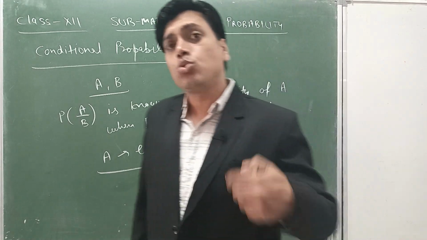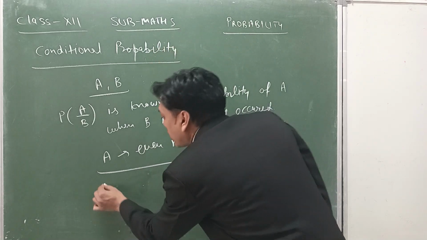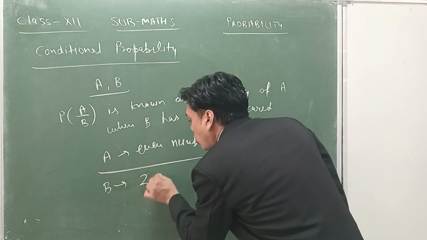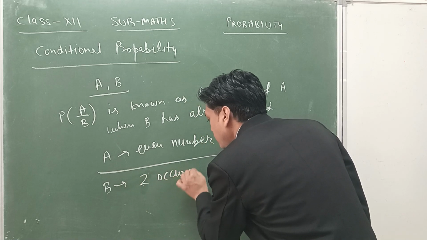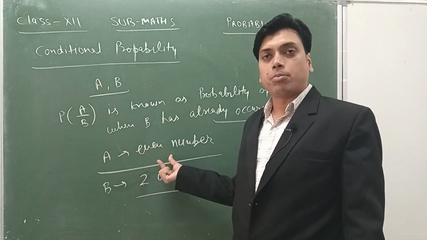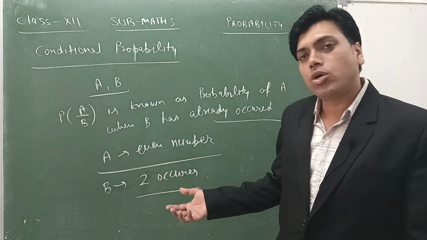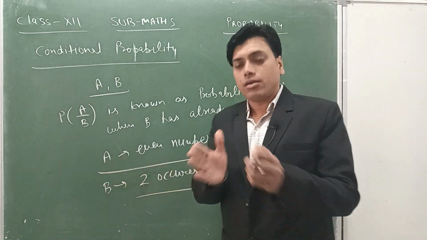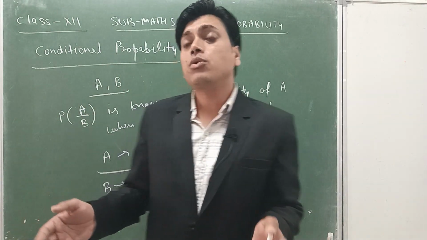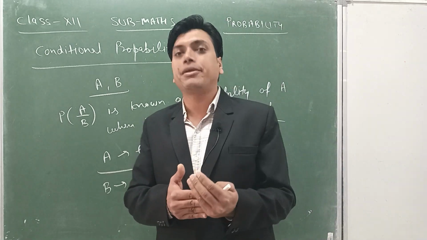But if it is 2 or not, I am not sure. So what will be the probability of another event B, that 2 occurs? So we have two events. First, an even number will come up, or second, 2 will come up. These are two different events, but B is depending on A; I am talking about dependent events.